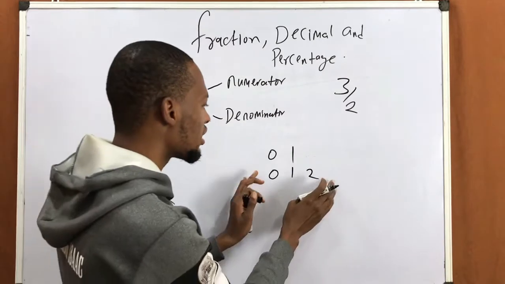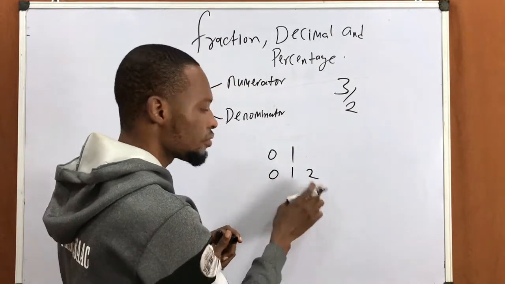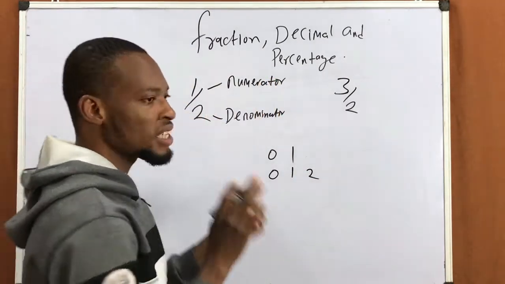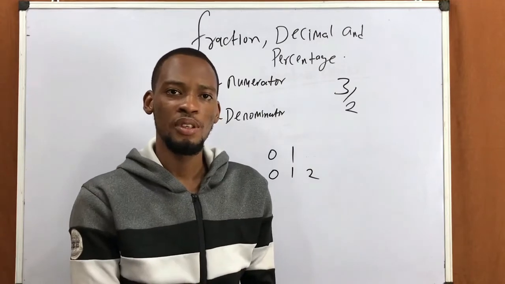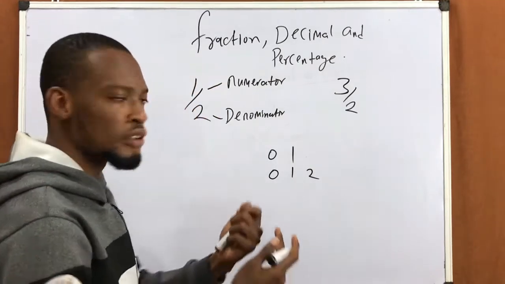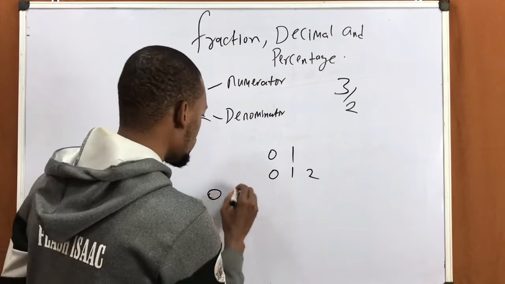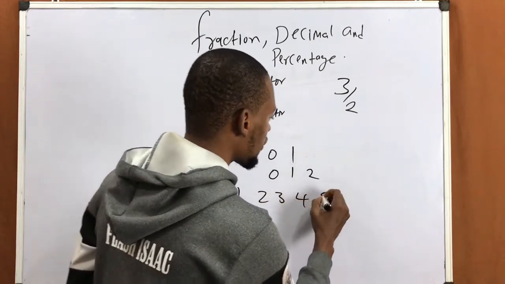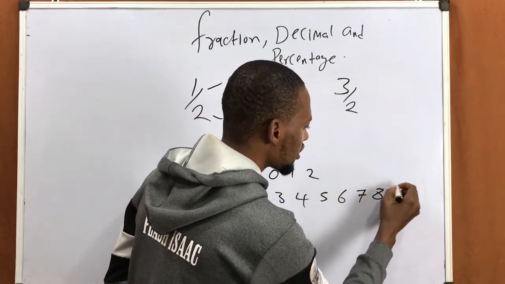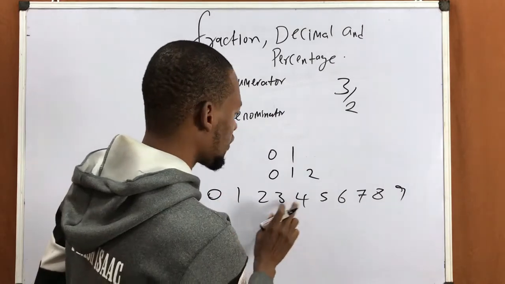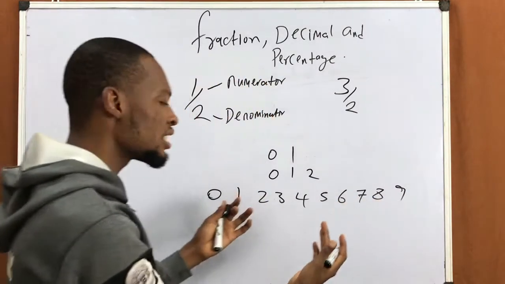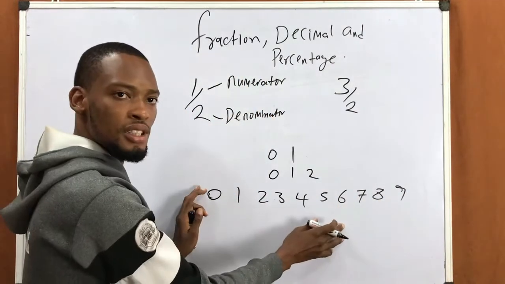So the highest number is 2. So decimal is the base 10 system, meaning it contains numbers from 0 to 9. 0, 1, 2, 3, 4, 5, 6, 7, 8, 9. So when you count this, these are 10 digits.